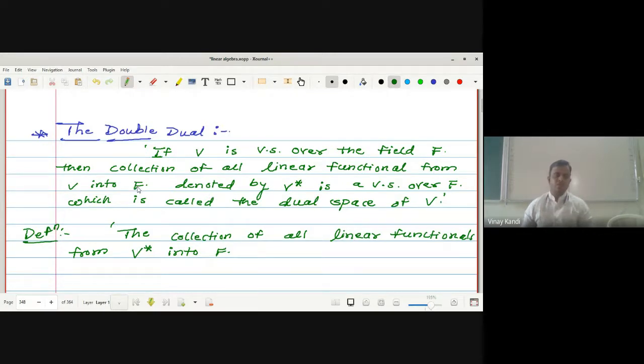So here in double dual, the collection of all linear functionals from V star into F is denoted by V double star.